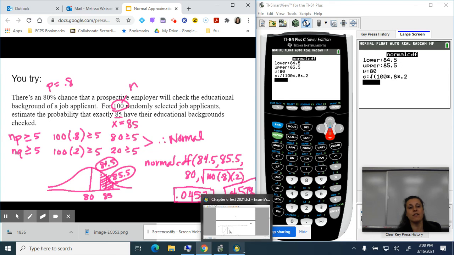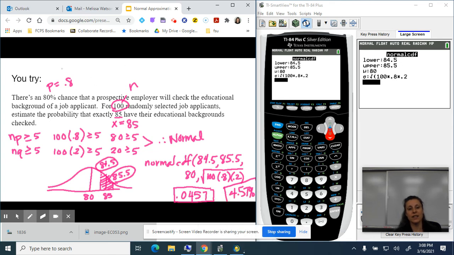So for instance, if in this particular example, let's say the probability was 96%. So there's a 96% chance that an employer is going to check the educational background of an applicant. So now when I multiply N times P, 100 times 0.96, that one is at least 5. That's 96, which is at least 5.